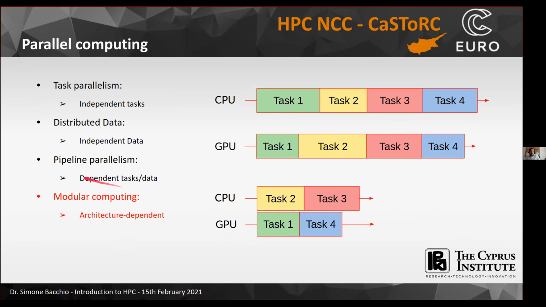Okay, so modular computing is when we consider different modules for performing different kinds of tasks. And this is what one should do for fully exploiting the systems that are available. Though most of the time, for instance, when you have a GPU machine, it's enough to just run on the GPU.